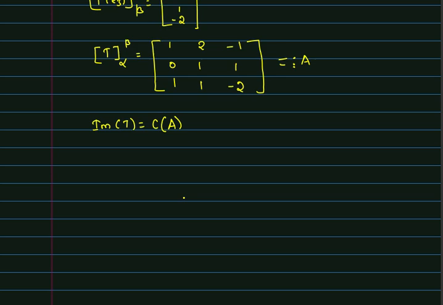You can do it both ways. I will do it the traditional way. First I want to find the pivot positions, using only row echelon form. So A equals 1, 0, 1, 2, 1, 1, minus 1, 1, minus 2.